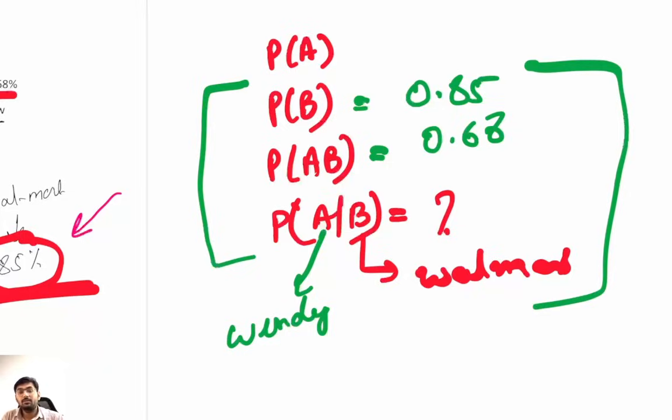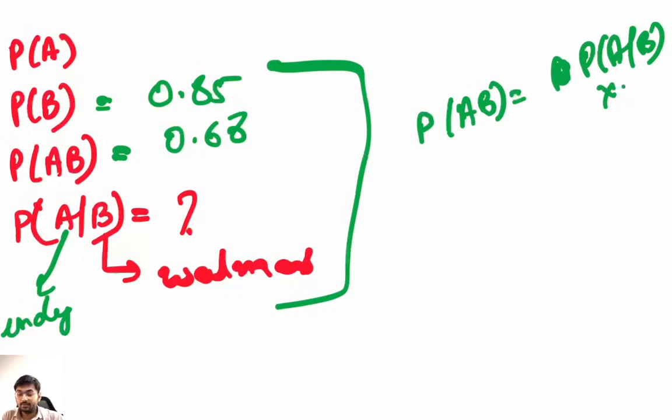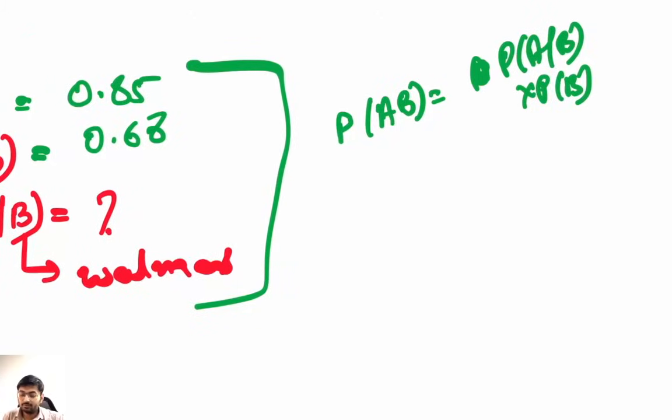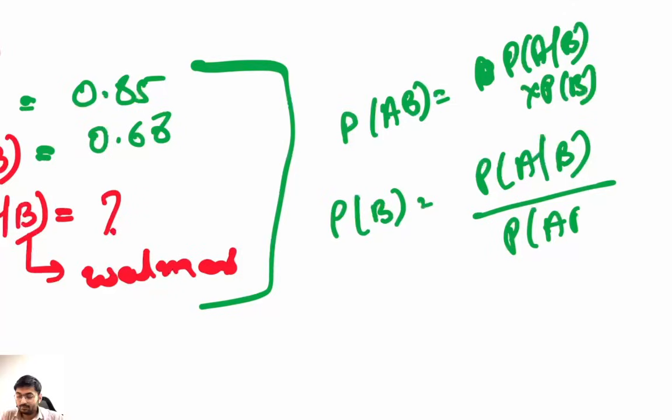Now with this information, can you calculate the new information? Do you remember the Bayes theorem? Probability of AB is equal to probability of A given B multiplied with probability of B, or can you write it in another way? Probability of B is equal to probability of AB divided by probability of A given B. This is also another way of writing it.